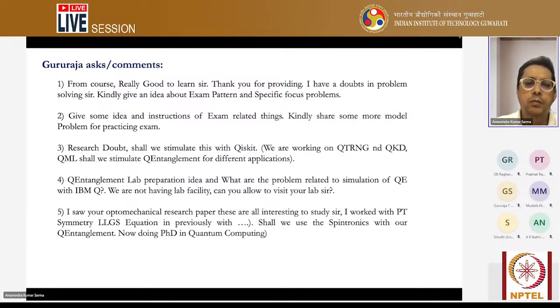Maybe in one of the examples in the lecture class or in the problem solving session, I have shown you how you can prepare a Bell state using CNOT gates, right? And you can definitely use those to construct quantum circuits, and then prepare your own circuit to have some quantum teleportation protocol, superdense coding, and so on.